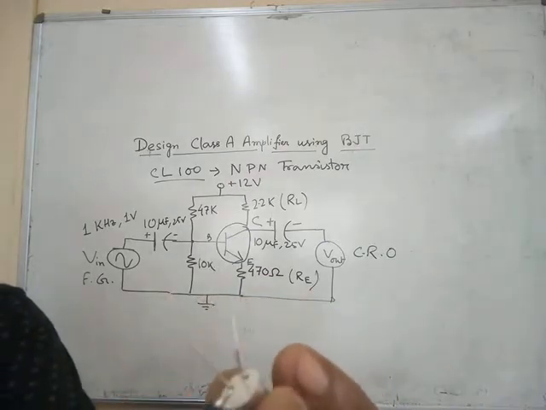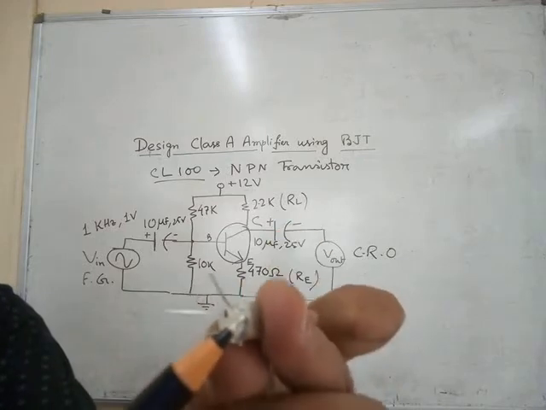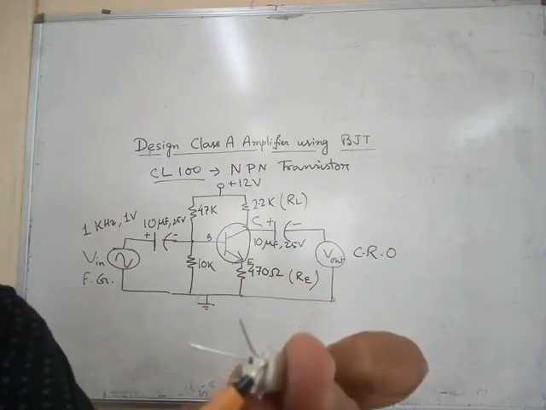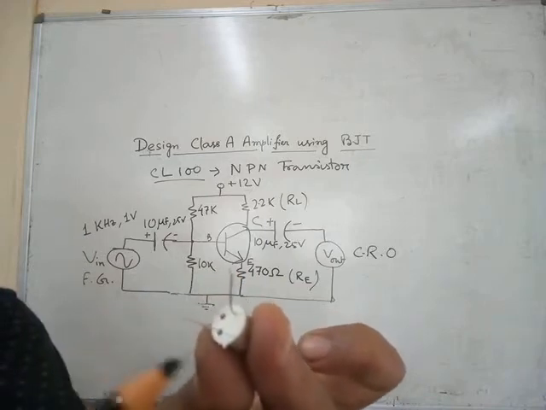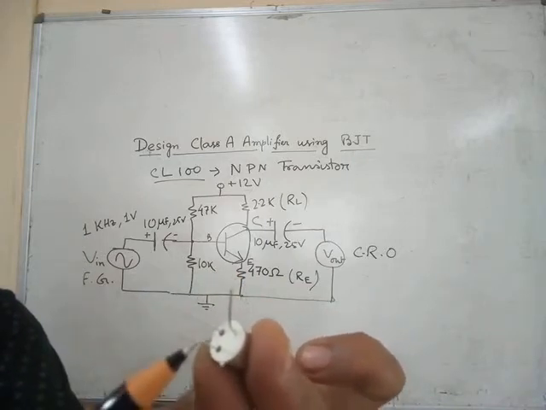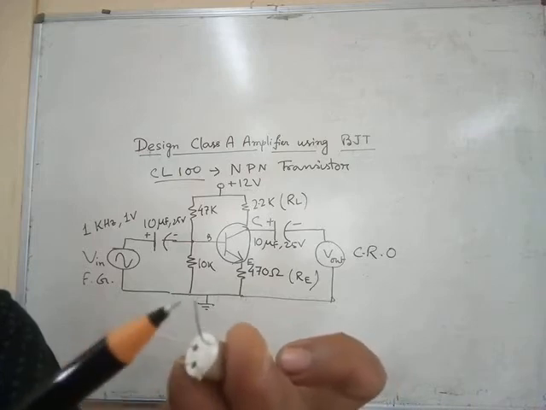Another pin is connected directly to the body. You can see there is no black dot. It is the collector, and the middle point is called the base. So near the notch it is the emitter, then base, then collector.